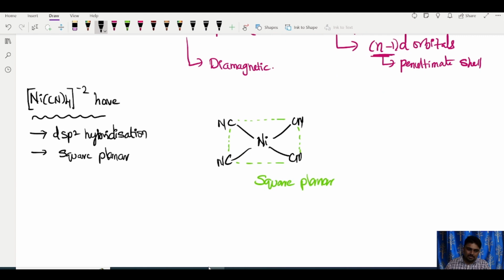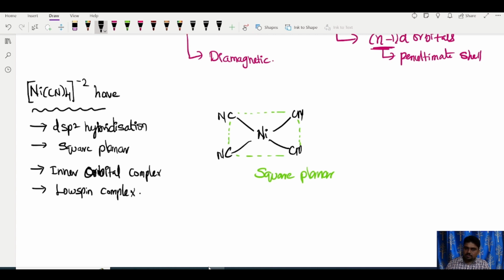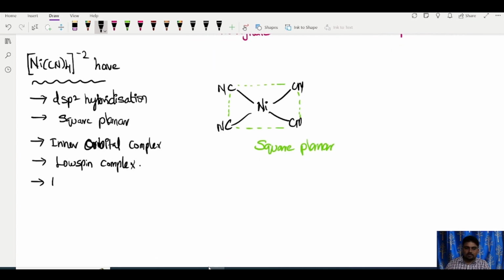And next, is it an inner orbital complex or an outer orbital complex? It's an inner orbital complex. Next, whether it is low spin or high spin: it is a low spin complex.